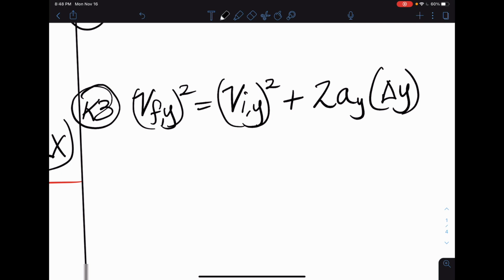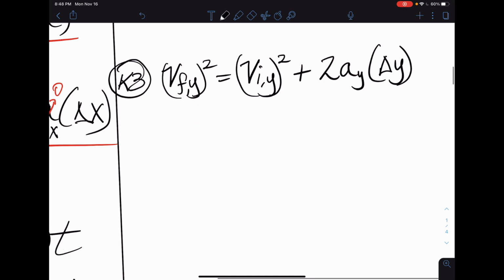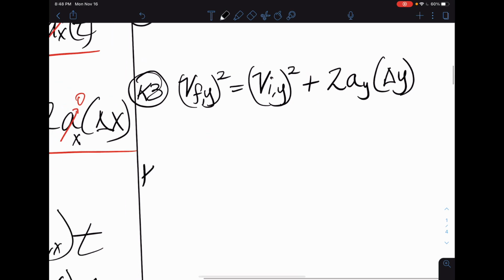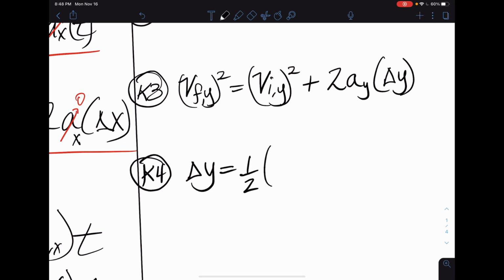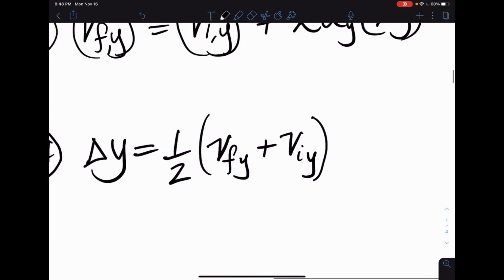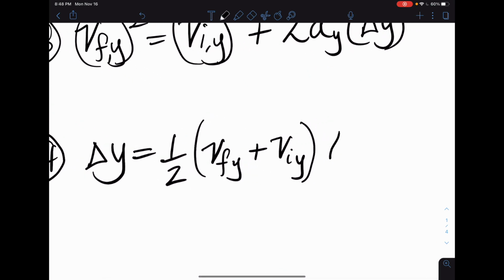All right, so once again, nothing there we can really simplify. Just got to roll with the formula, and then let's get K4 because we might need it. Delta y is equal to 1/2 VFY plus VIY. Doesn't matter which one you write first there, since you're just adding them together, times t.